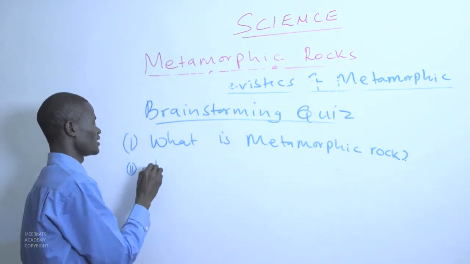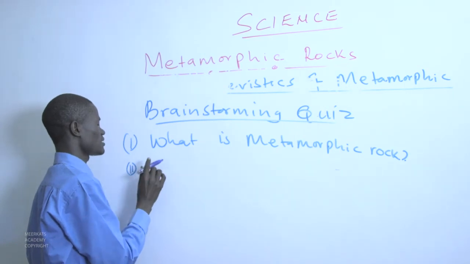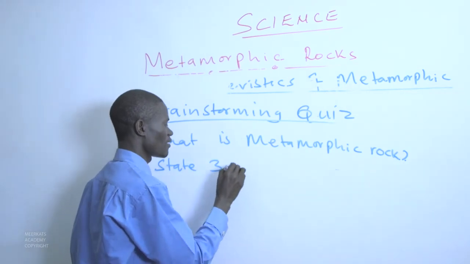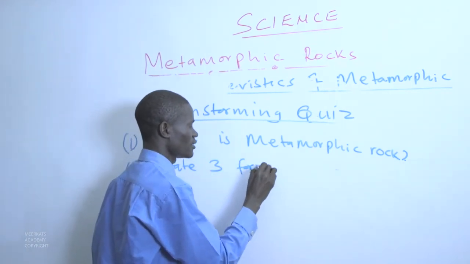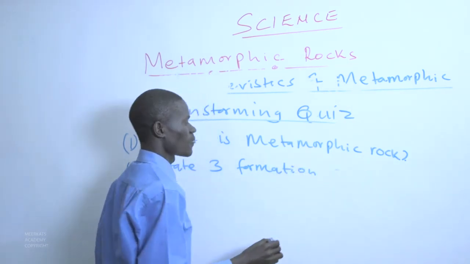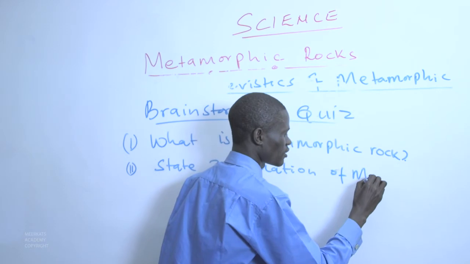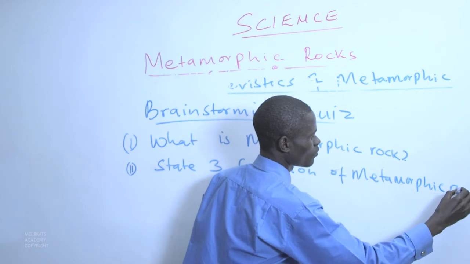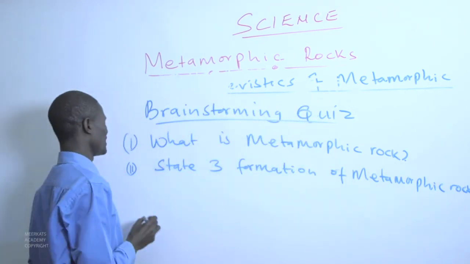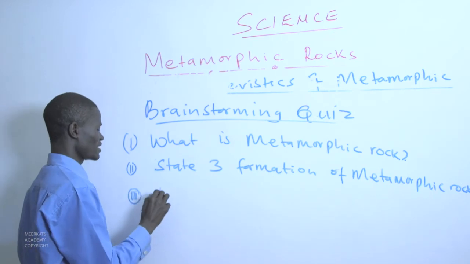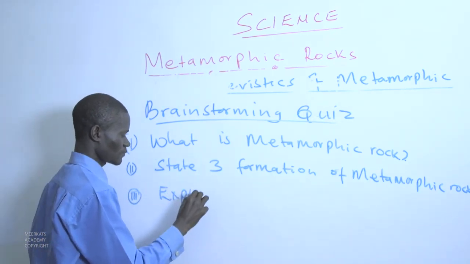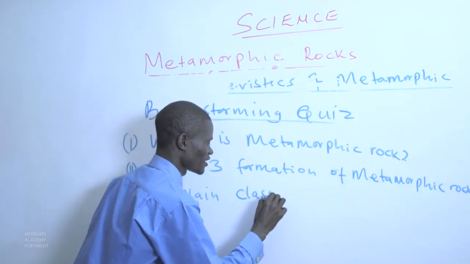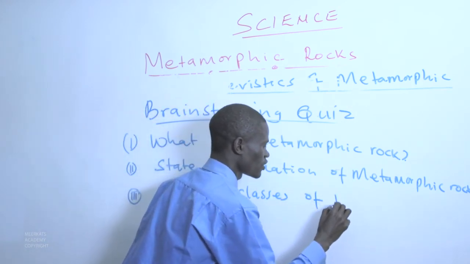Then part B will give us a state, that is 3 formation of metamorphic rock. And then lastly is explain classes of metamorphic rock.